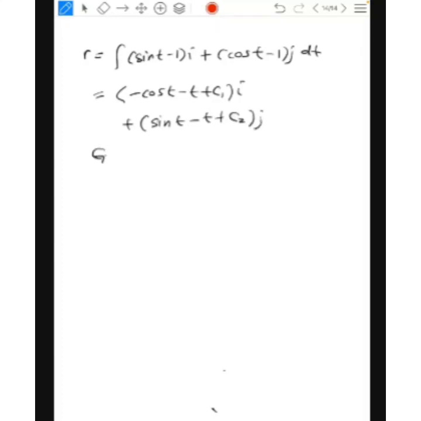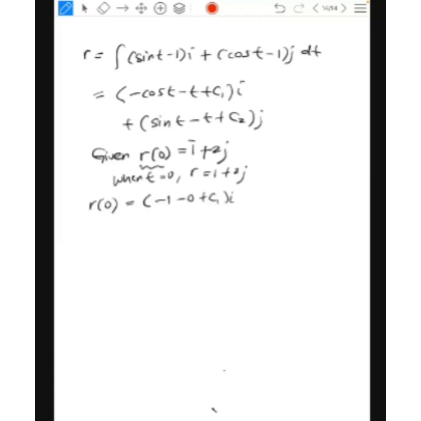Again, the question gives R0 equals i plus 2j. Similarly, when t equals 0, R equals 1 plus 2j. Substituting t equals 0 into R: cos 0 is 1, so negative 1 minus 0 plus C1 i, plus sin 0 is 0, 0 minus 0 plus C2 j, everything equals 1 plus 2j.